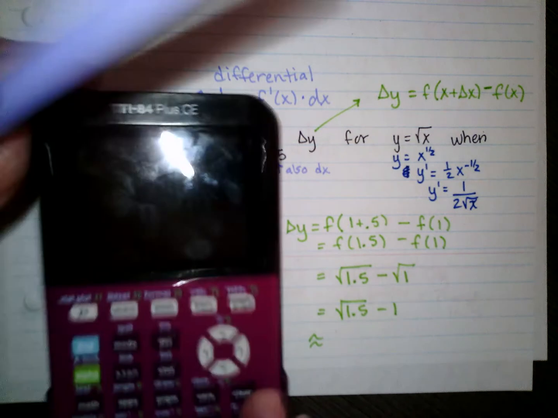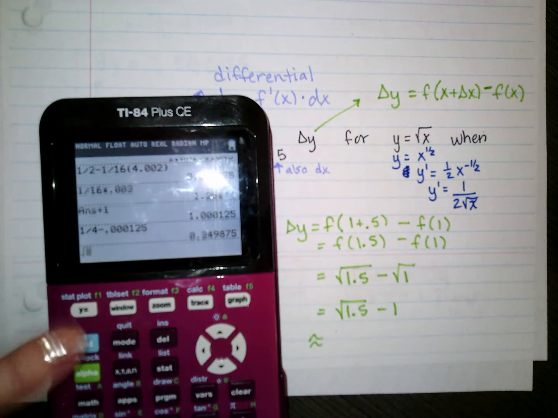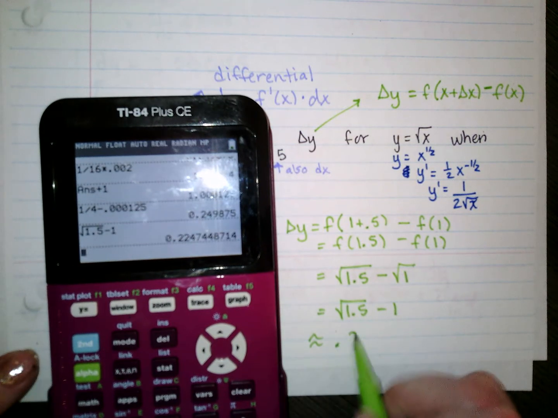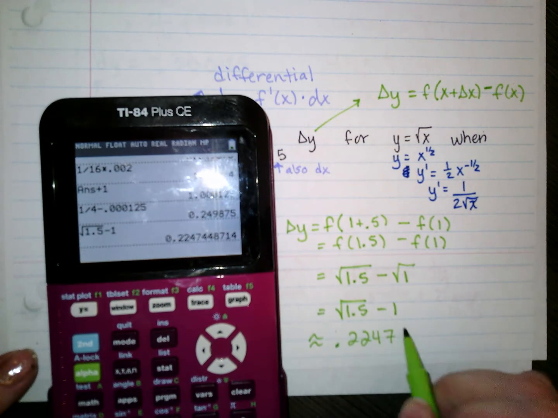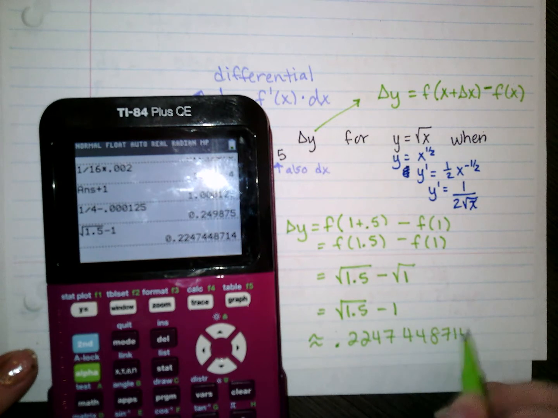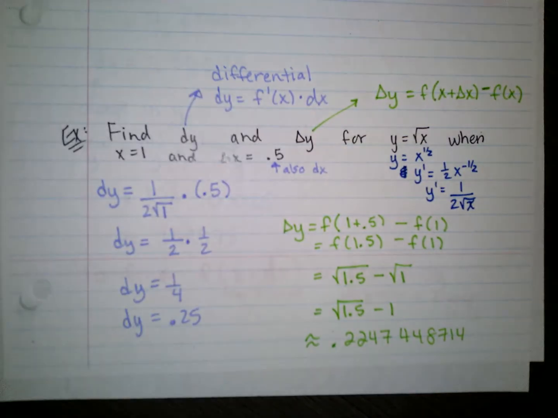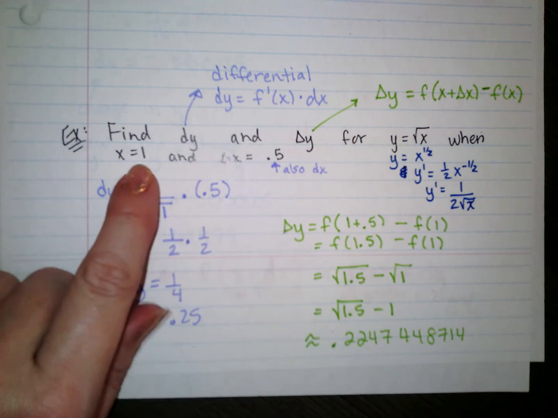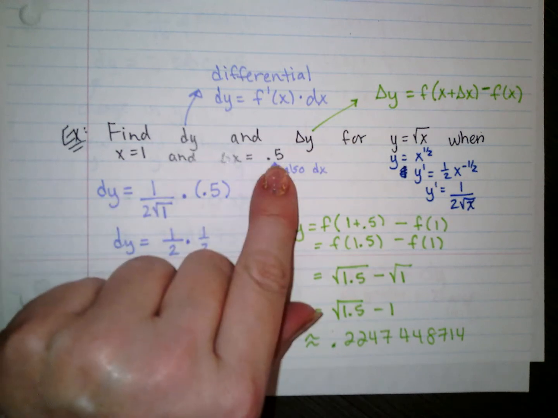So let's figure out delta y, which would be the square root of 1.5 and then subtract 1. So that's approximately 0.2247 or so. Okay. So remember that delta y is the actual change in the function height when I move from x equals 1 over to x equals 1.5.